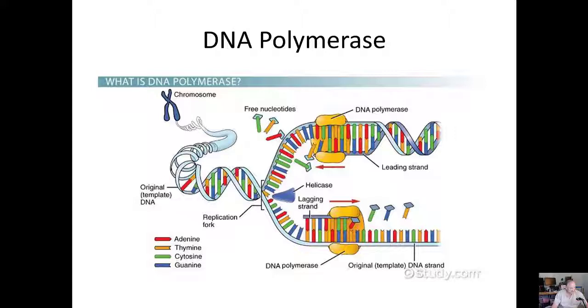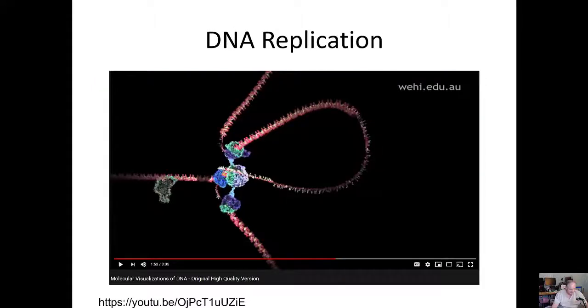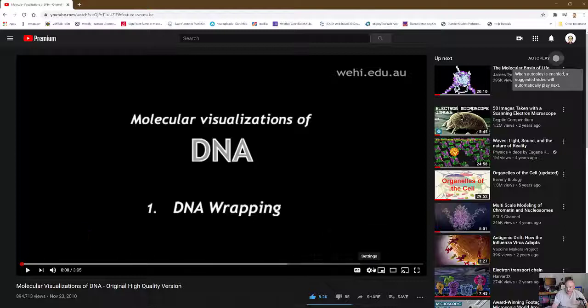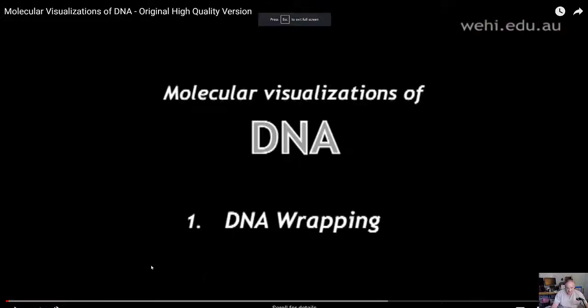We have 2 different directions that we have to deal with, and I have a movie that will show this, and hopefully we can do this. Let's do the full screen here so everyone can see it. Let me play this video.